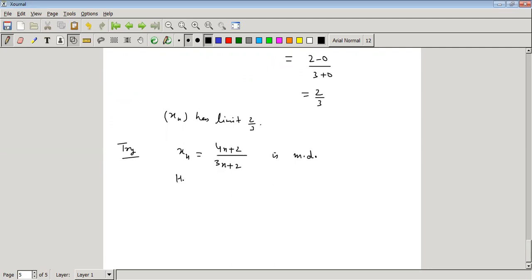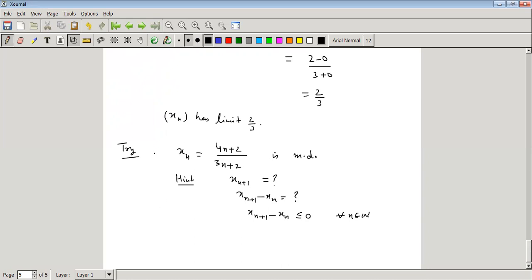The hint is that we have to find x_(n+1) first, and then x_(n+1) minus x_n. This is the second step. You have to prove that x_(n+1) minus x_n is less than or equal to 0 for every n. So these are the steps you have to follow. Try this question.